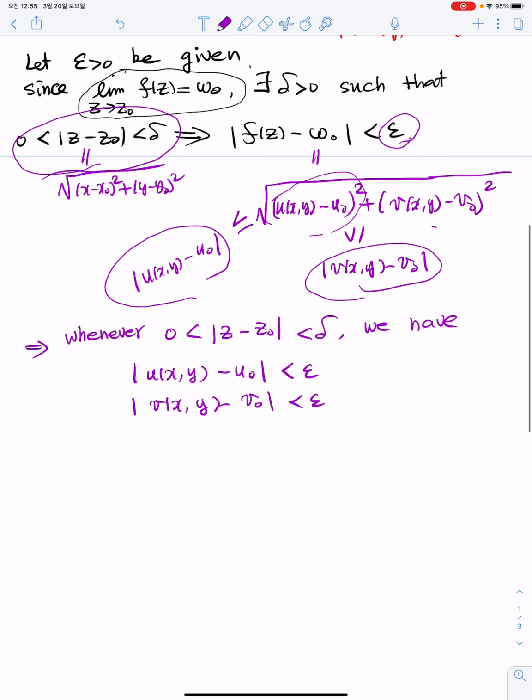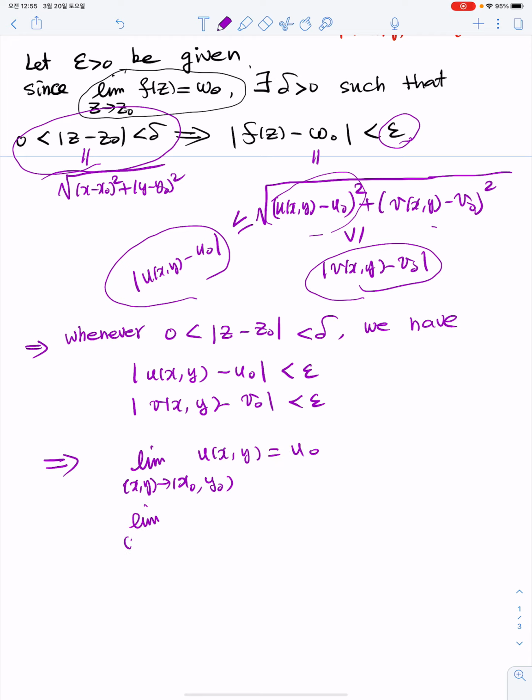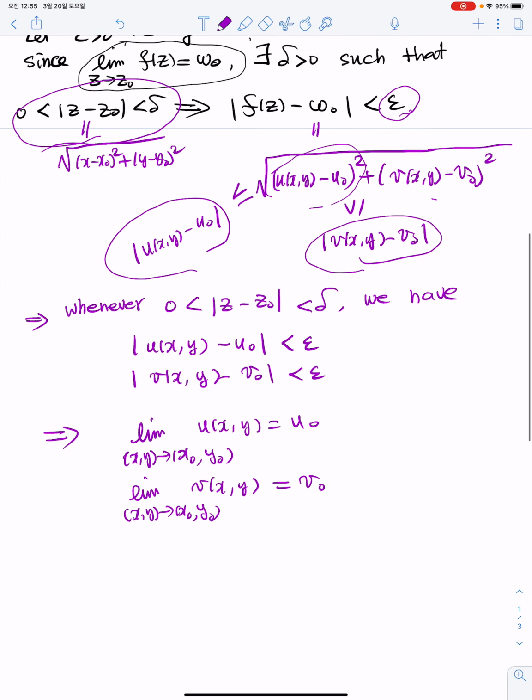So that implies the limit as (x, y) approaches (x0, y0) of u(x, y) converges to u0, and the limit of v(x, y) converges to v0. So we are done. This part is done by definition.